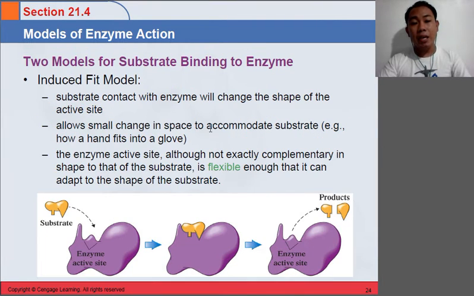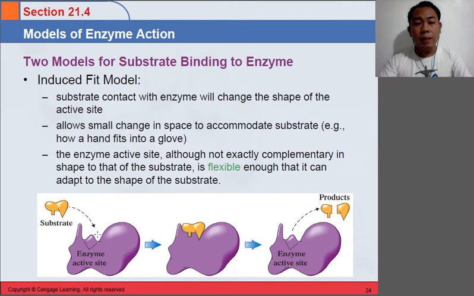On the other hand, we have the induced fit model. In this model, the substrate contact with the enzyme will change the shape of the active site. It allows a small change in space to accommodate the substrate. For example, it is how a hand fits into a glove.